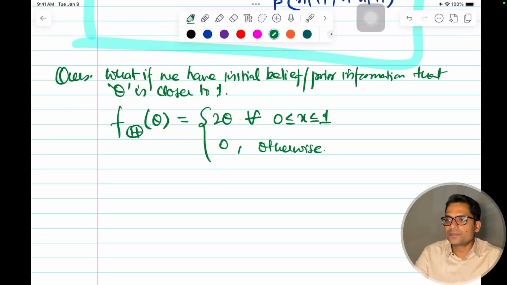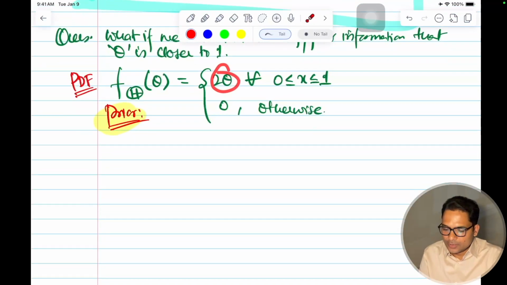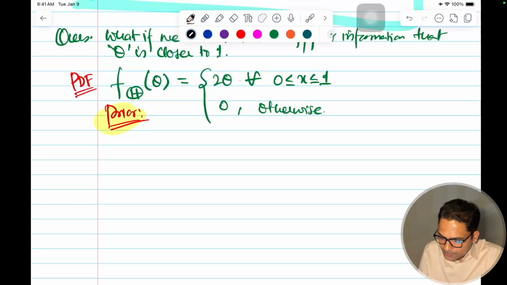So this is the PDF of the prior. I have this prior belief that theta is more biased, and how much it is biased is 2 theta. So if we draw the PDF, how will it look?